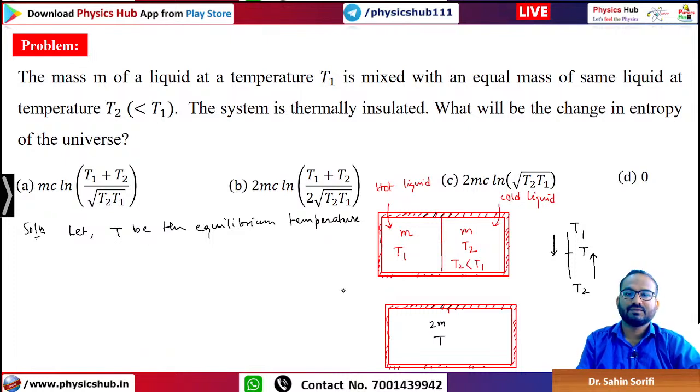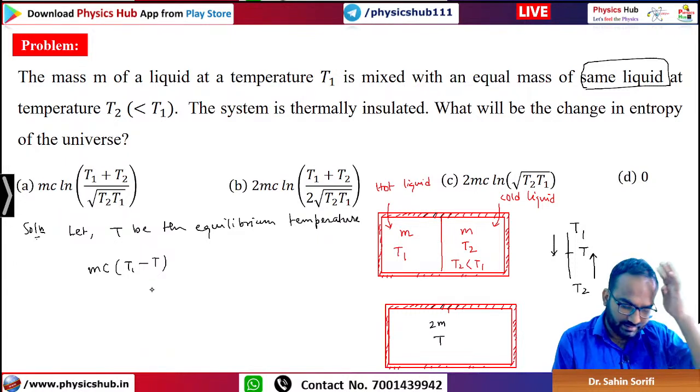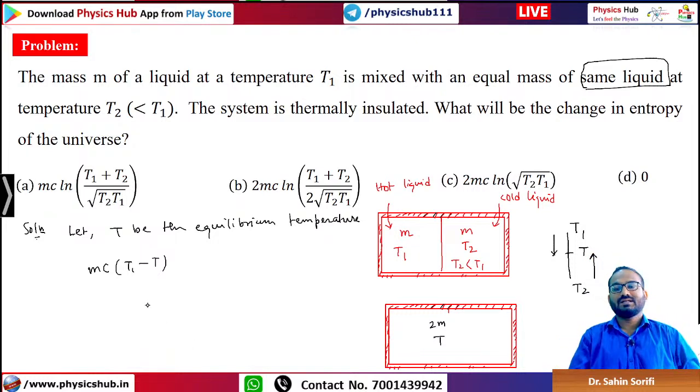If they are equal masses of the same liquid, their specific heat capacity is also the same. So the heat rejected by the hot liquid is mc(T1 minus T). This we get from the principle of calorimetry: heat rejected delta Q equals m s delta T. So mc delta T is T1 minus T, and the heat taken in by the cold liquid is mc times the change in temperature.